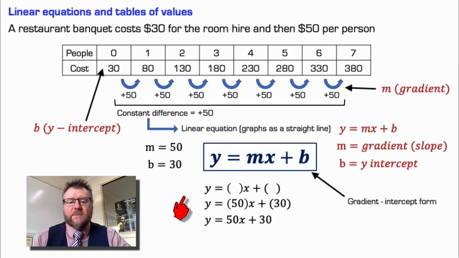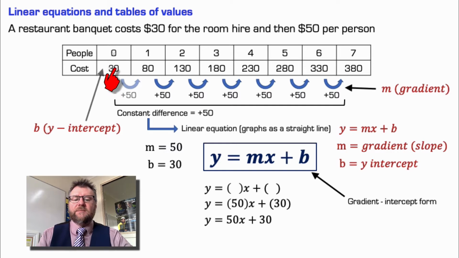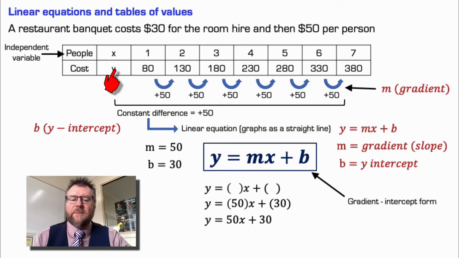One last thing as we wrap this up. I've changed this value here because sometimes you'll just see them as x and y. Your table will just have x and y. Well, that's okay. The x value on the top we call the independent variable. By that we mean we can pick whatever number we want. I just happen to pick 1, 2, 3, 4, 5, 6, 7. It's independent.